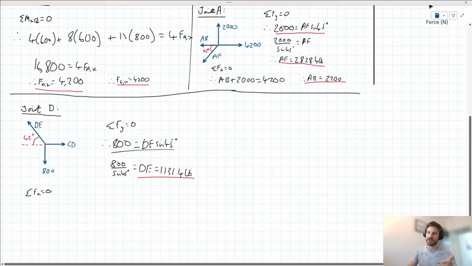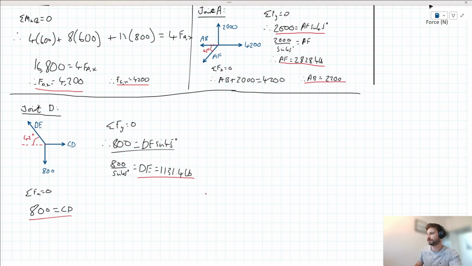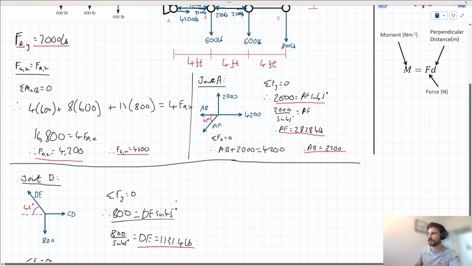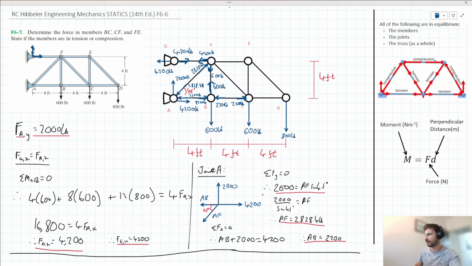For a 45-degree vector, the horizontal and vertical components are equal to each other, so acting to the left, we've got 800, that's the horizontal component of DE. Acting to the right, we've got CD. Okay, well, don't need to do any transposing there. CD is equal to 800 pounds. Wonderful. Let's go back to our original diagram here and add those forces in.